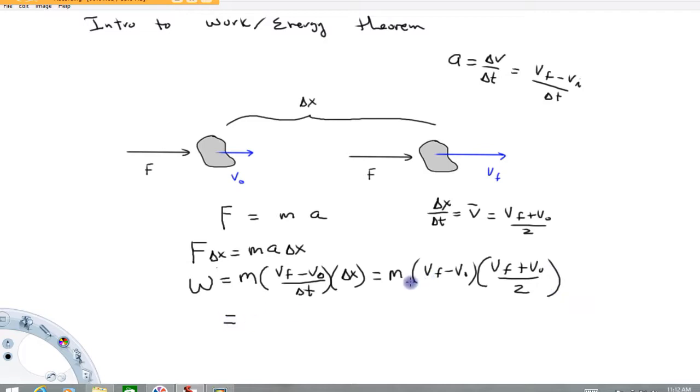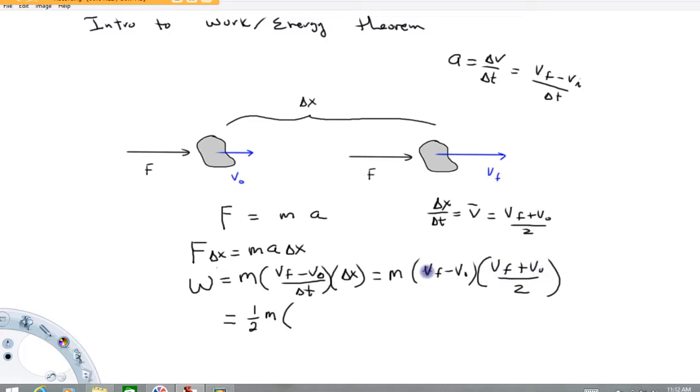Now, let's see here. The half and the m, these are both constants in this problem. I'm going to bring those out in front. 1/2 m, and the top of this can be multiplied out. So we've got v final minus v initial times v final plus v initial.